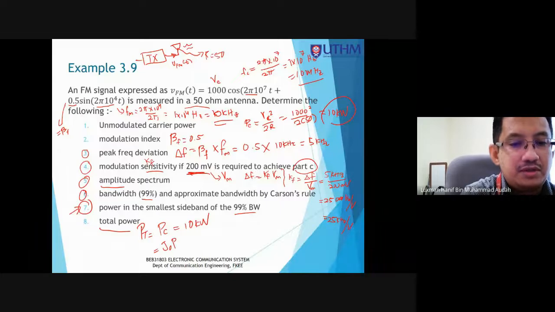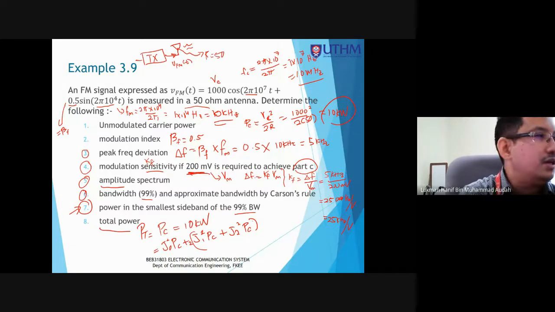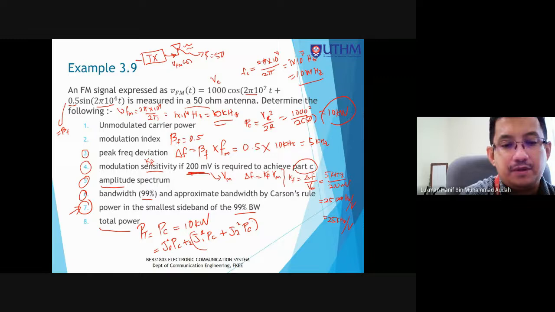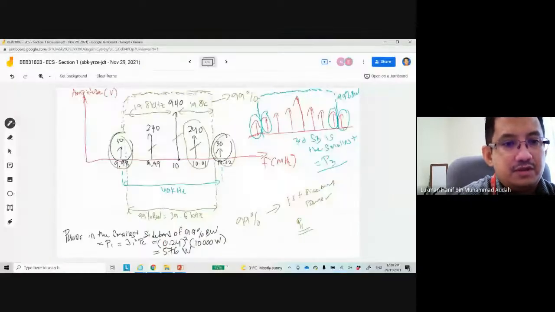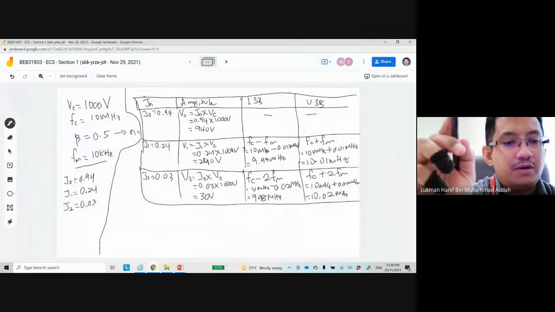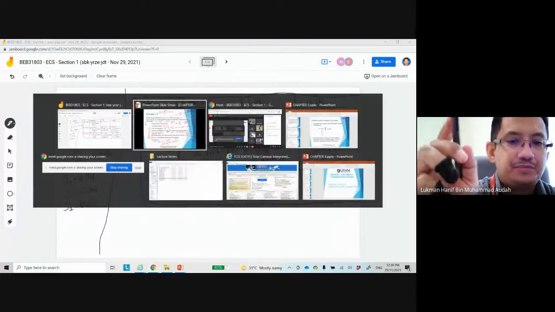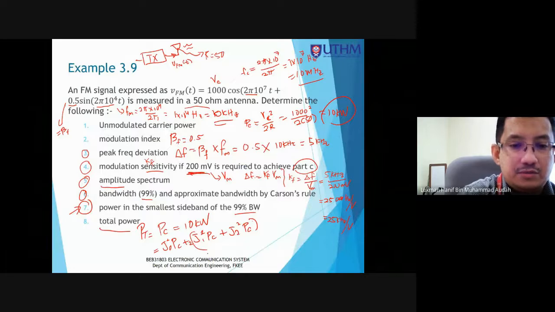J0 square PC plus 2 times J1 square PC plus J2 square PC. Ini darab dua lah, ada dua sini. Boleh juga. So J1 tadi adalah 0.94. Okay, if you see from the previous, this is 0.94, 0.24, 0.03. So that means di sini saya buat sama dengan 0.94 square times 10,000. Saya buat 10k lah senang.